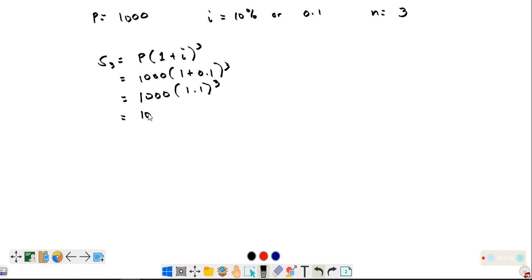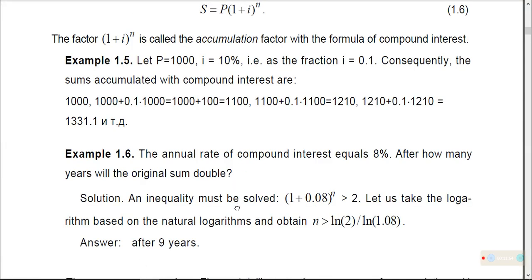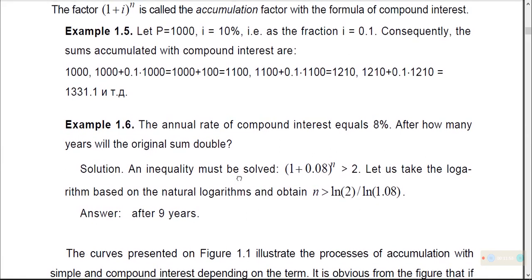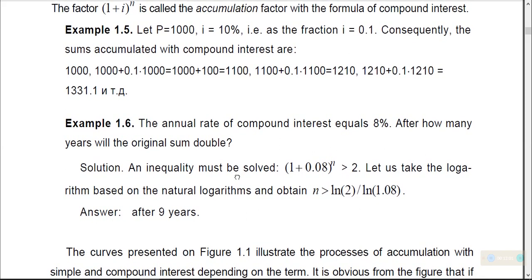So PEMDAS 1,000 and then 1.1 raised to the power of 3 is equal to 1.331 and then multiply it by 1,000. You will end up with 1,331 unit currencies. So remember, if there is a currency mentioned in your problem, do not forget to include the currency.